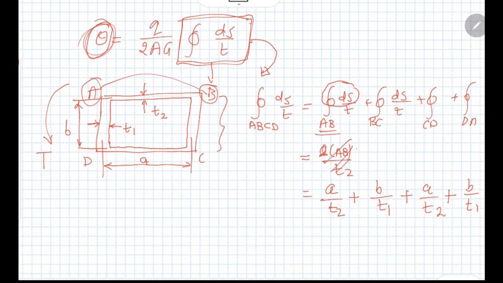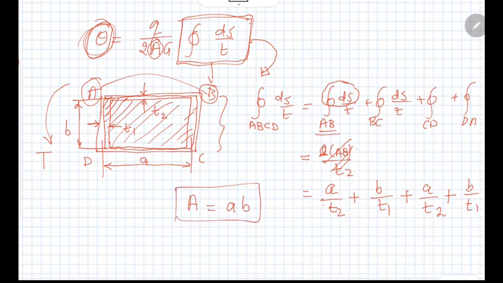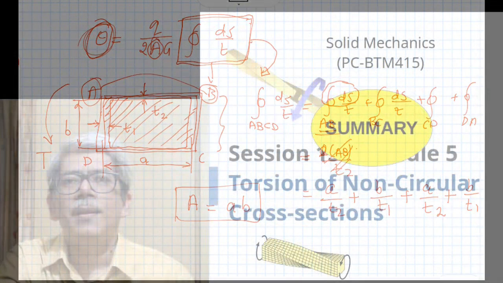And just to reiterate, in this formula, the value of A is the area encompassed by the mid surface, the full area. So A in this particular case will be equal to small a into small b. With this understanding, you can solve any problem related to torsion of thin box sections.